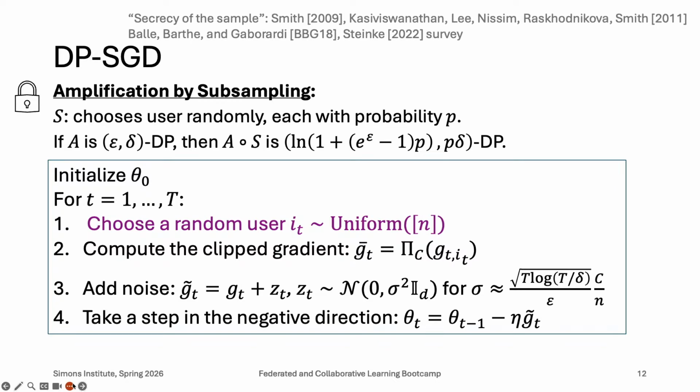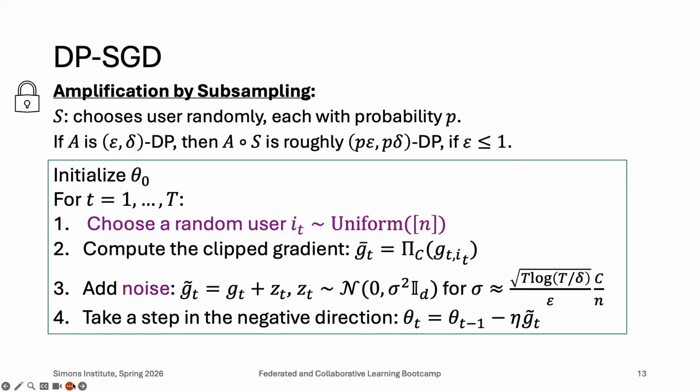To interpret it a little more easily, if epsilon is small enough, this basically means that the privacy of the composed mechanism is much better by p. So epsilon and delta are now p times epsilon and p times delta, and remember p is smaller than 1. It's a sampling probability: with what probability am I going to add this person to the subsample.